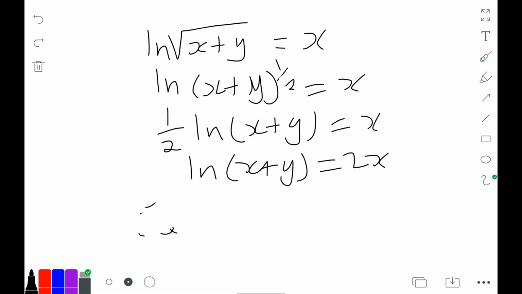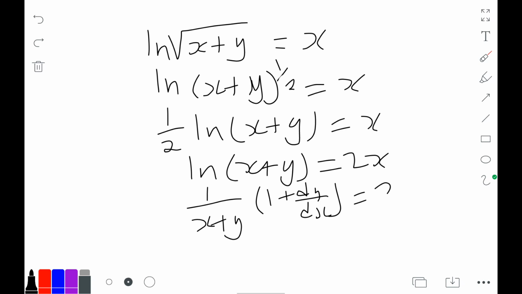Remember, this is an implicit differentiation. So it is 1 over x plus y, times d over dx of this, which gives 1 plus dy over dx, equal to 2.